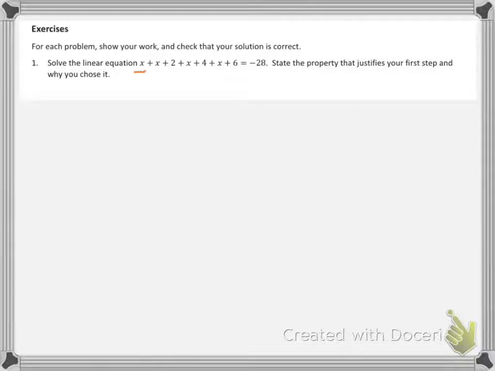And I can see there's one there, and there's another, and there's 3, and there's 4. So 4 x's, that's 4x. And then I see a constant positive 2, and a constant positive 4, and a constant positive 6. So add all those together and we get 12. So that's 4x and a positive 12 is equal to negative 28.